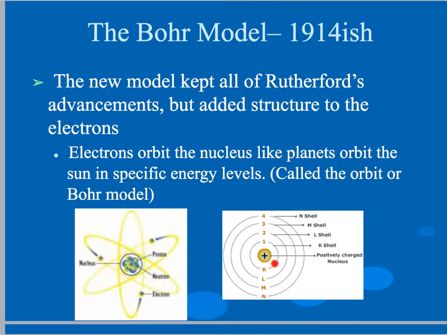And electrons just stay in their little orbit, just like planets orbit the sun. So sometimes it's called the planetary model, you'll see. This was in about 1914, so you can imagine World War I is just on the horizon, and a lot of technological advancements are still in the offing.